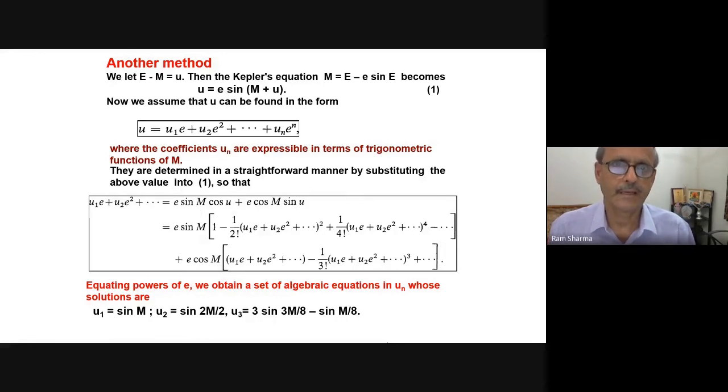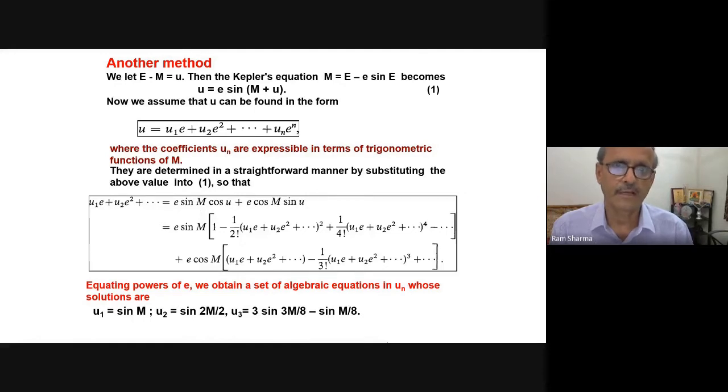Now we can assume that U can be found in the form of a perturbation series, U equals U1 e plus U2 e square and so on up to Un e^n, where the coefficients Un are expressible in terms of trigonometric functions of m. They are determined in a straightforward way by substituting the above values in this equation.